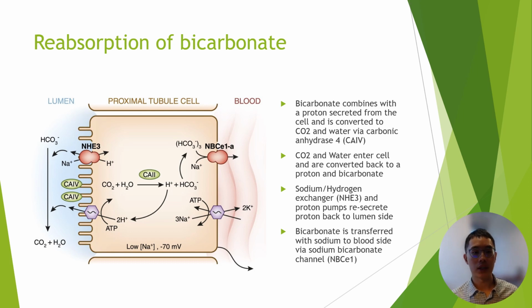The proton gets excreted either through the H+ ATPase or the sodium hydrogen exchanger NHE3 that we had previously discussed as a method for sodium reabsorption in the proximal tubule. Then the cycle repeats itself over and over again. In the distal convoluted tubule and other areas of the nephron where bicarbonate is reabsorbed, the same process occurs, but to a lesser degree compared to the proximal tubule.